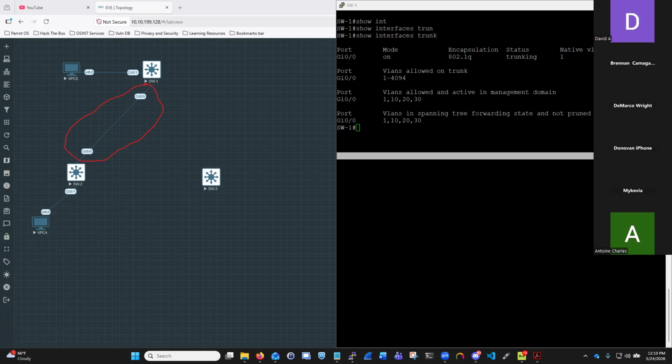They both tag each frame that's traversing a link with a VLAN ID. But here's where ISL and 802.1Q differ. 802.1Q inserts a 4-byte VLAN header whenever a frame is traversing from the source switch to the destination switch.